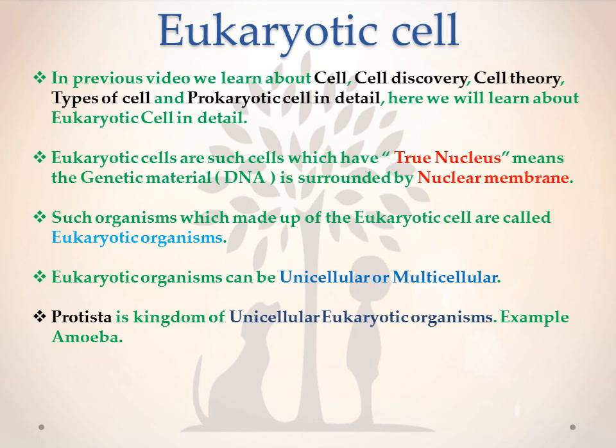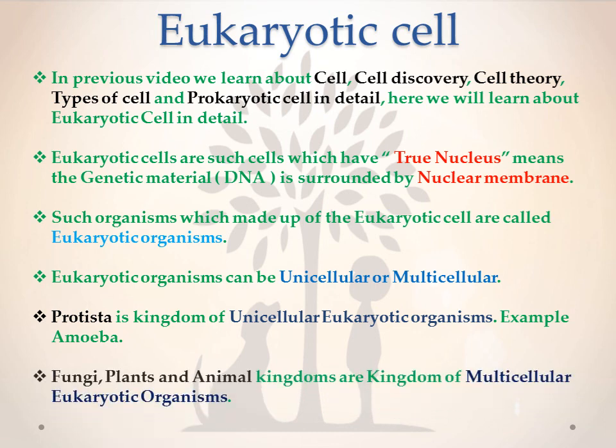Protista, which is a kingdom under the classification, is a complete kingdom of unicellular eukaryotic organisms. Example, amoeba. Fungi, plants and animals are the three kingdoms of multicellular eukaryotic organisms.